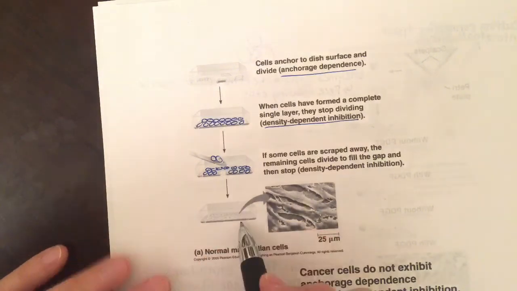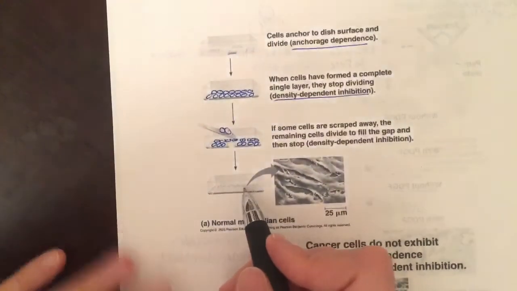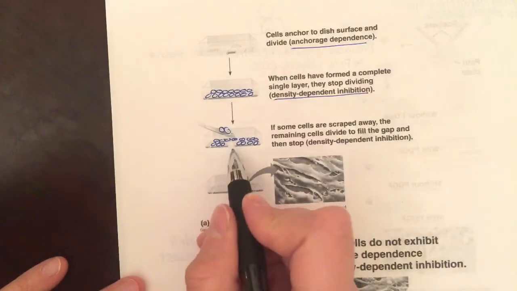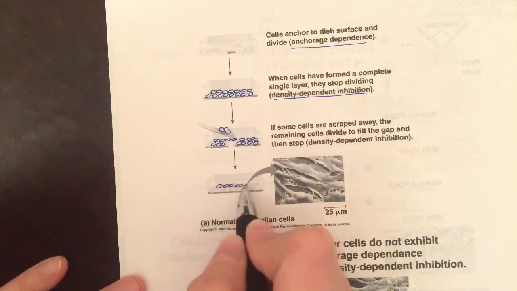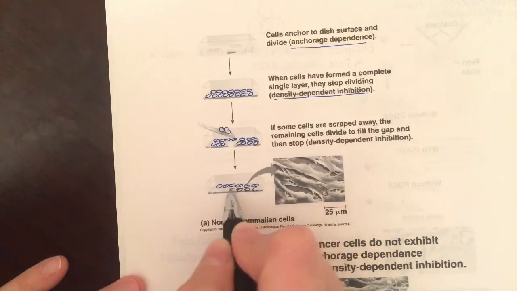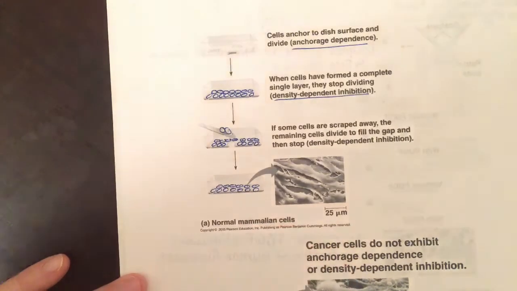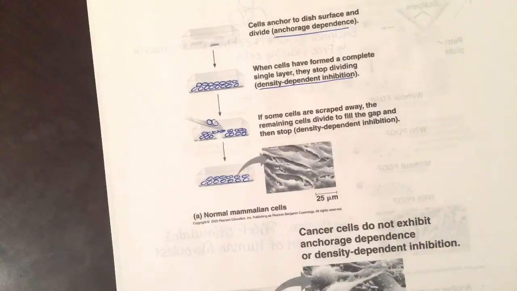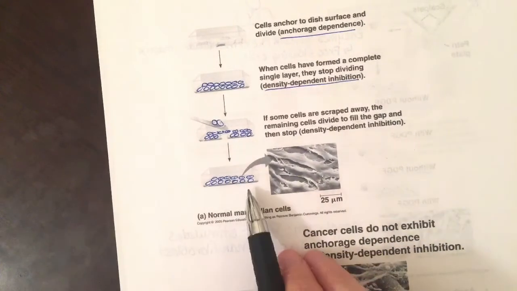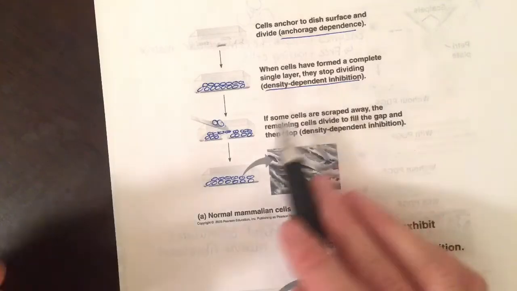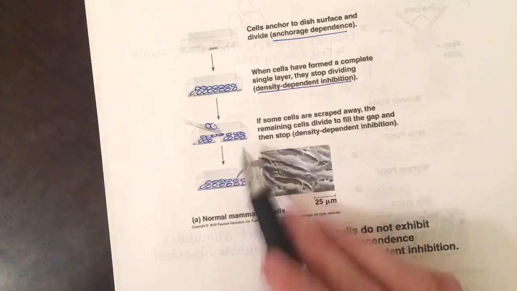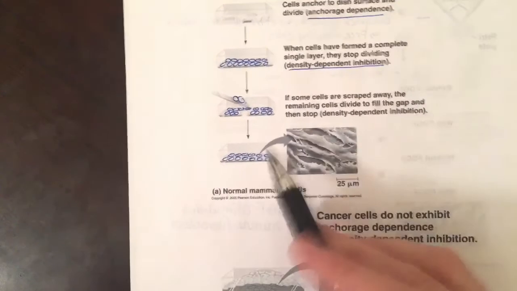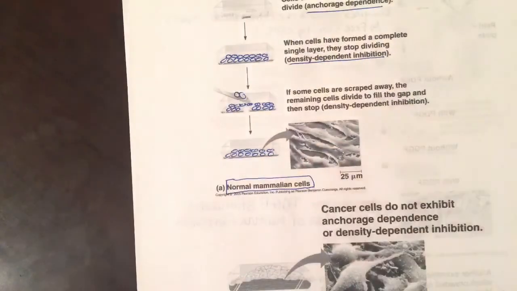And notice what happens is the cells around it will trigger them to divide, and they fill in that hole and will stop dividing once they get crowded again, and so therefore exhibit again density dependent inhibition. So that is how normal mammalian cells behave.